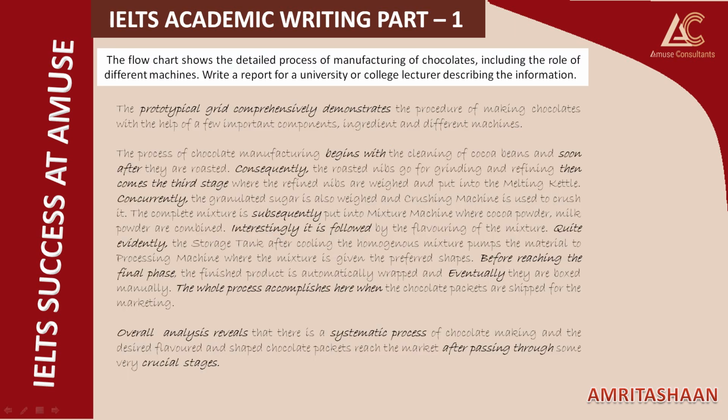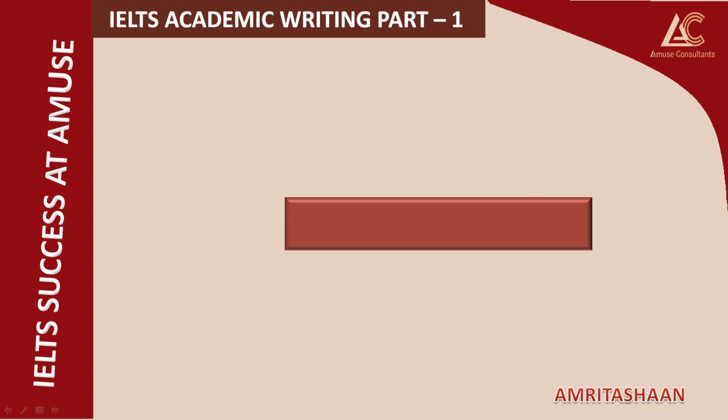So, dear learners, this is the complete setup that will appear when you put the things together, and it is going in 3 paragraphs. It was introduction, then complete process report, and finally our analysis, that is our conclusion, but we call it overall analysis.